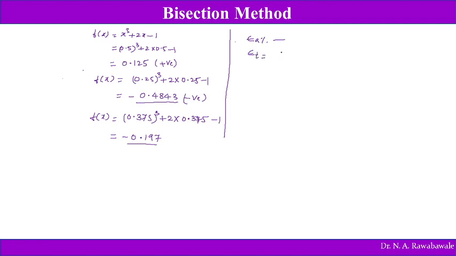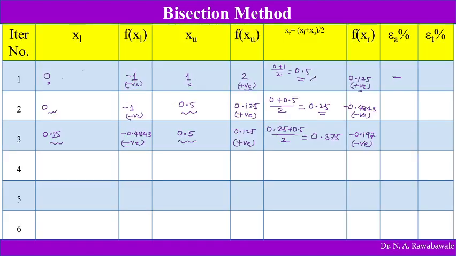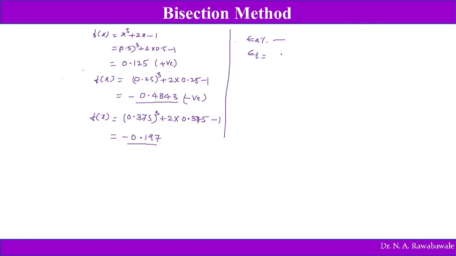True error is the difference of the true value and the approximate value, divided by the true value. The approximate value in the first iteration is 0.5, and the true value we know: 0.5 minus 0.453201562, divided by 0.453201562, into 100.